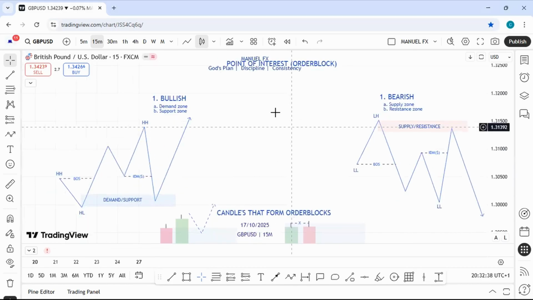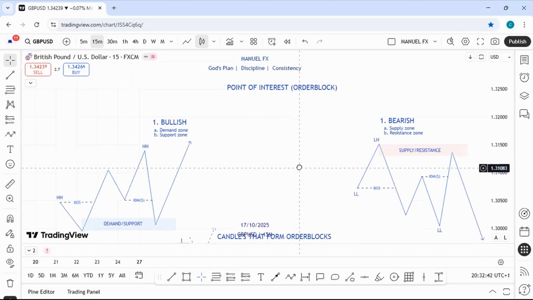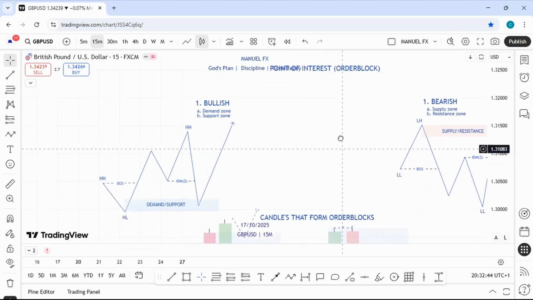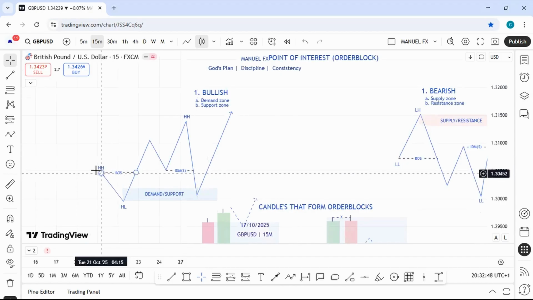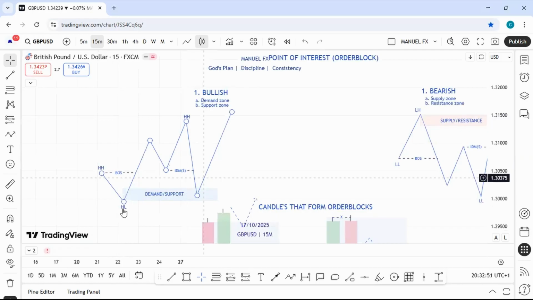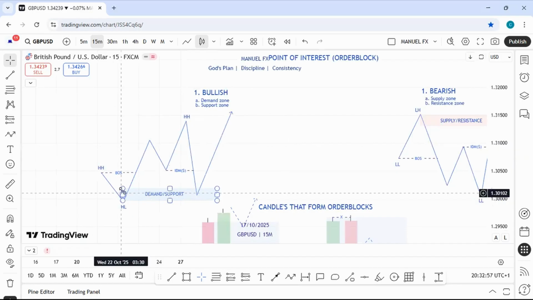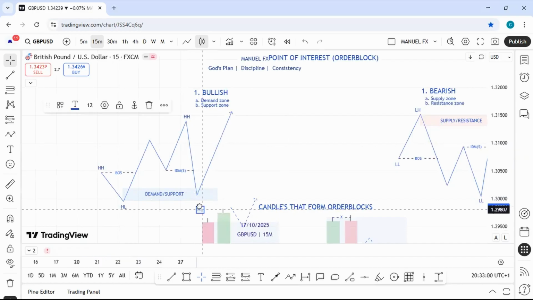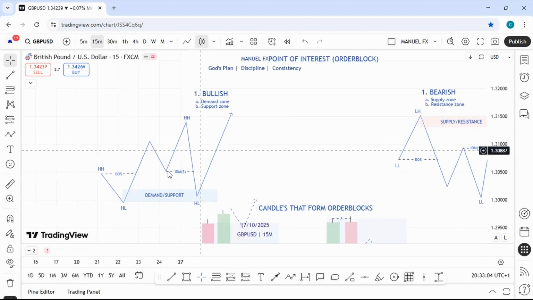Now, this is how an order block looks. For a bullish trend, basically the market is creating a series of higher highs and higher lows. In this market, you can see that price has taken an inducement, right?